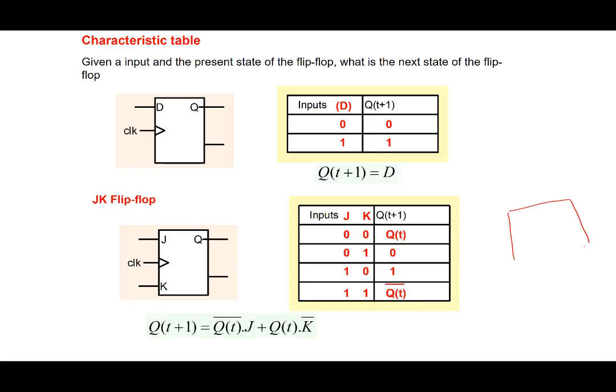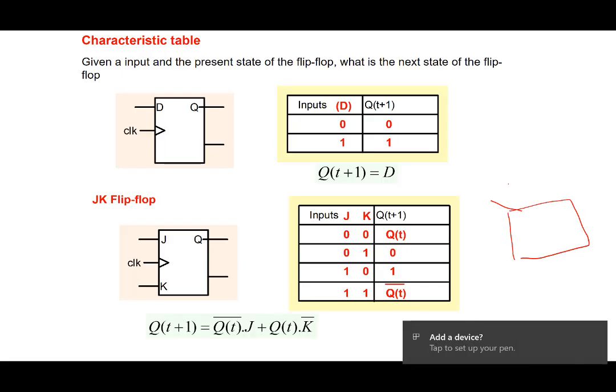We could write a truth table with JK here, and Q here, where Q is 0 and 1. JK takes the values 0, 0, 0, 1, 1, 1, and 1, 0. And so we can fill it up. When JK is 0, 0, Q(t+1) equals Q, so this will be 0 here and 1 here.